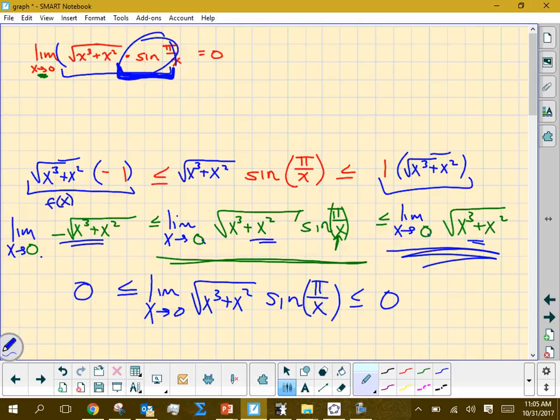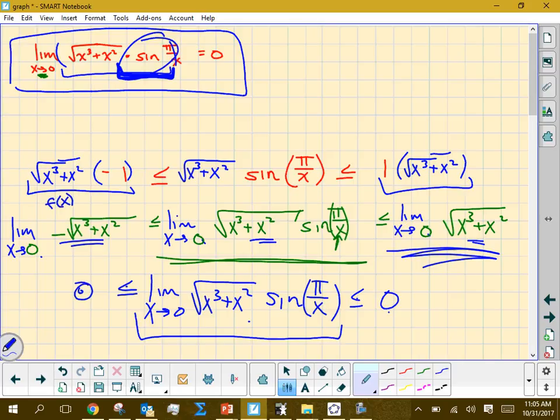Well, now we see that this limit here is between or equal to 0 is less than or equal to that limit is less than or equal to that 0 over here. So that means, kind of intuitively, that the limit of this thing has to be 0. So we've shown that that is the limit.